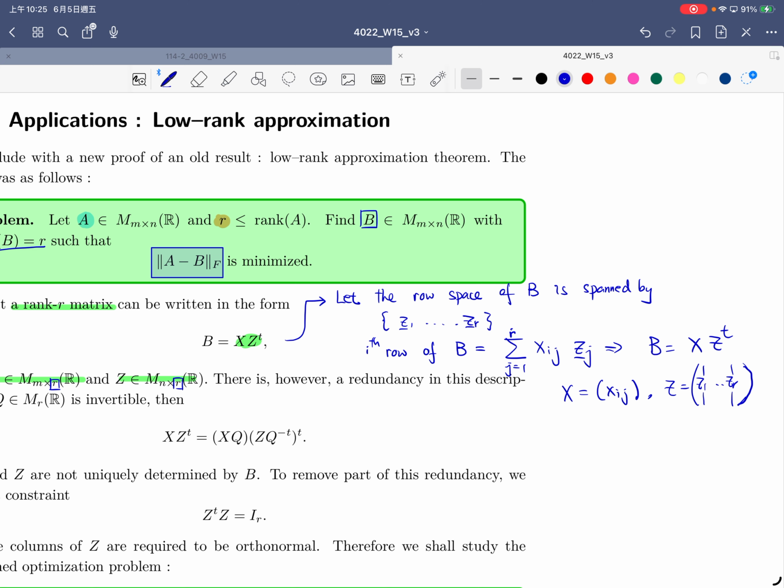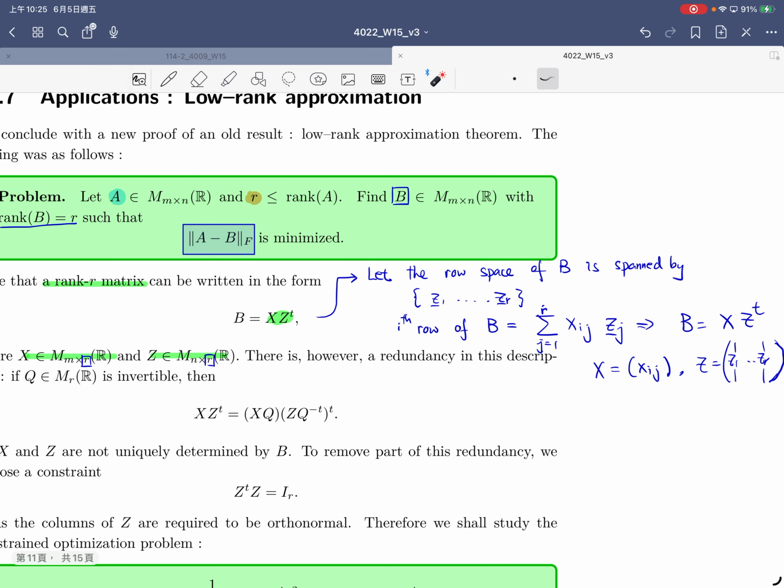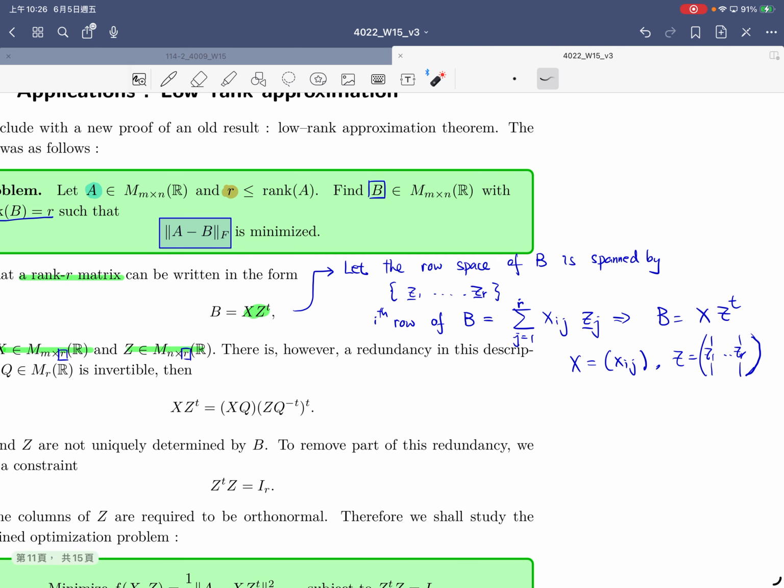So every rank R matrix can be factorized as a product of two matrices, X times Z transpose, and X and Z have the appropriate size. But the size is to control the rank of these two matrices. I'm going to impose an additional condition just for convenience, otherwise there's no uniqueness in the choice of X and Z. So the additional hypothesis that I'm going to impose is that I want to choose an orthonormal basis.